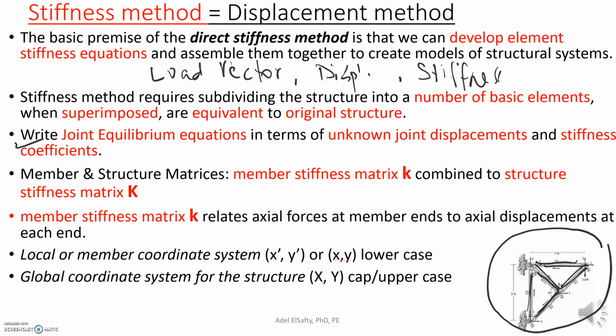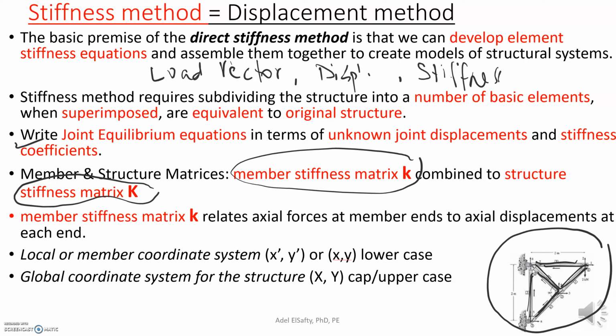From that, you will be able to get the member and structure matrices. We can have the small k for the member, and then you're going to have the bigger k, uppercase K, for the structure in total.